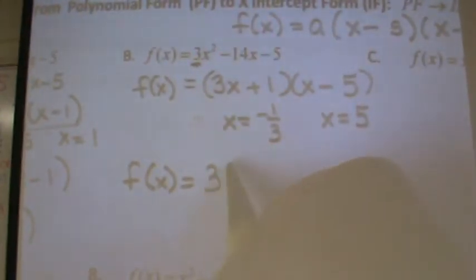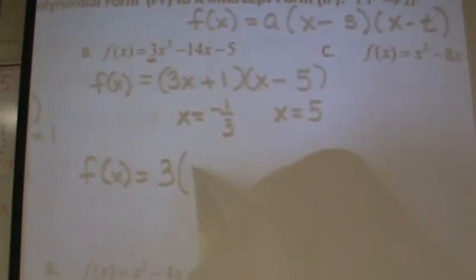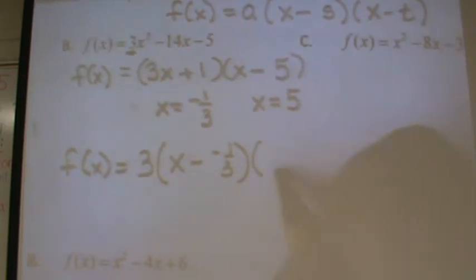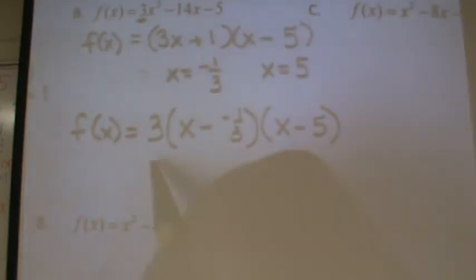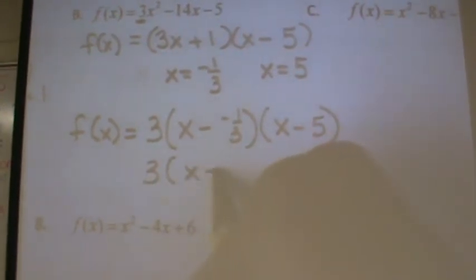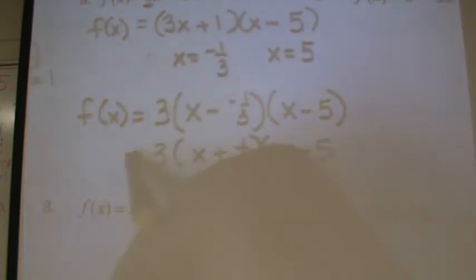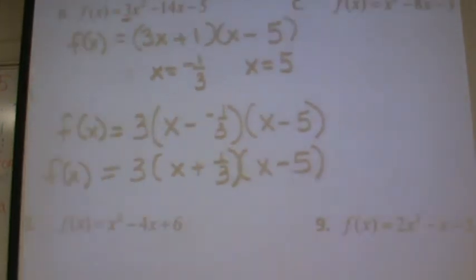You're gonna put a 3 outside, and then you're gonna write x minus negative 1/3, we'll clean it up, and x minus 5. Or, better yet, x plus 1/3 and x minus 5. That is what x-intercept form will look like.